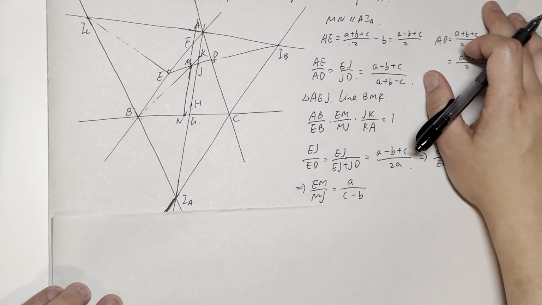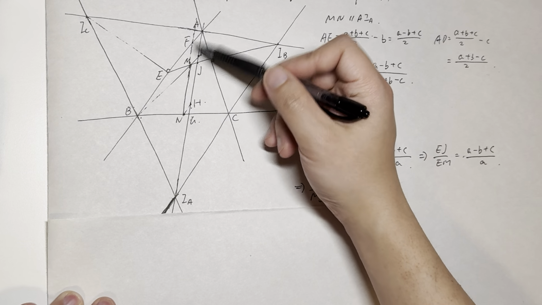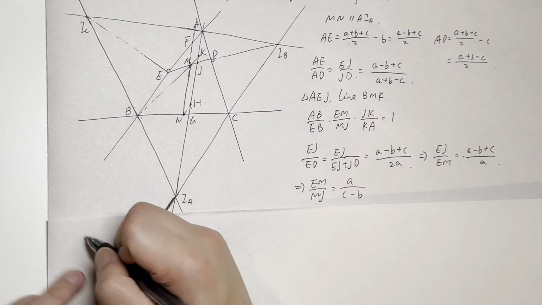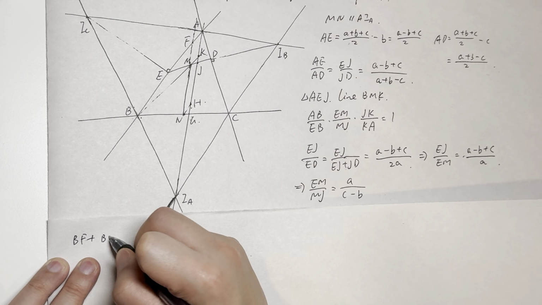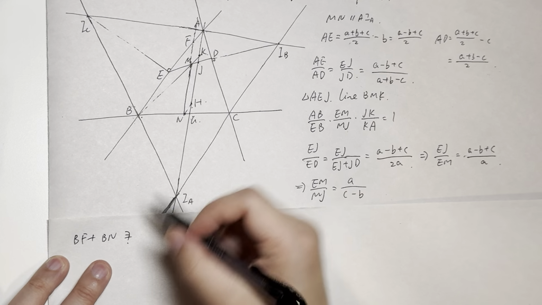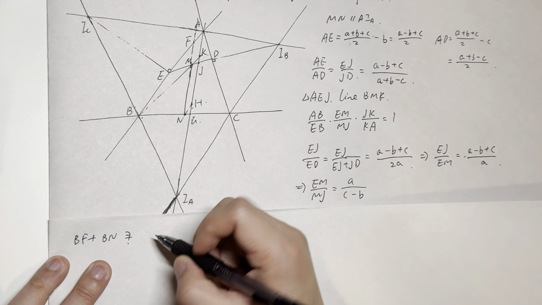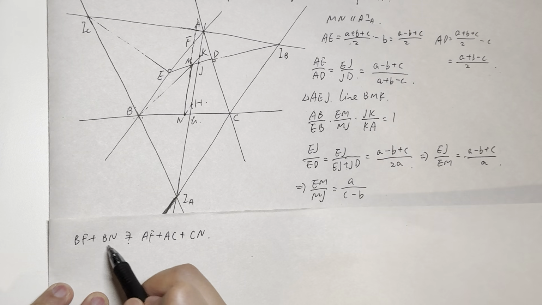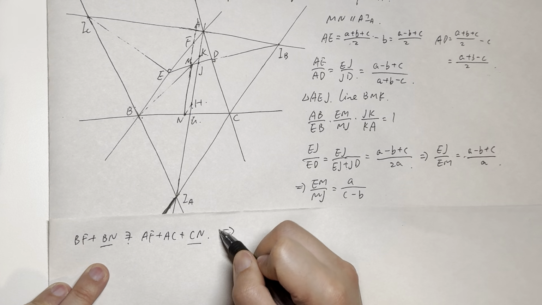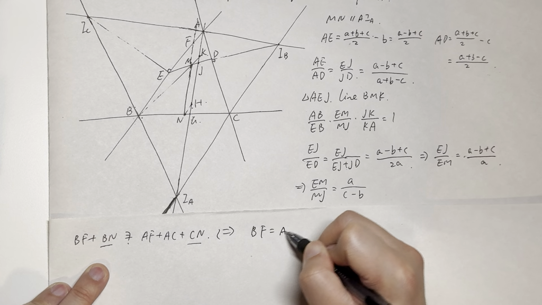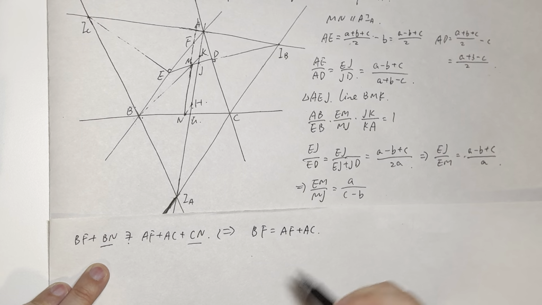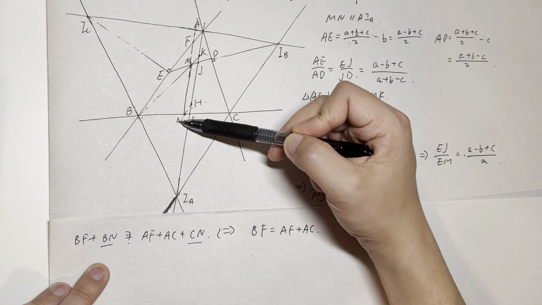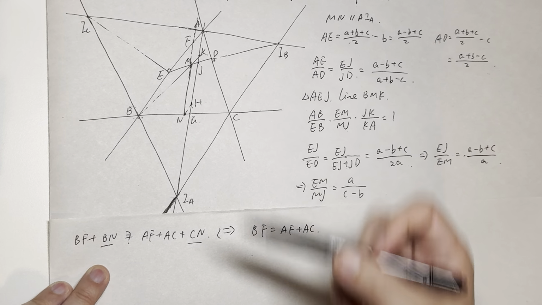We want to prove that MN divides the perimeter of triangle ABC equally, which means we want to prove that BF plus BN equals AF plus AC plus CN, right? And we already know that BN equals CN. So we want to prove that BF equals AF plus AC. So basically we want to calculate AF. And we already know that AFNH is a parallelogram, so we just need to calculate NH, right?